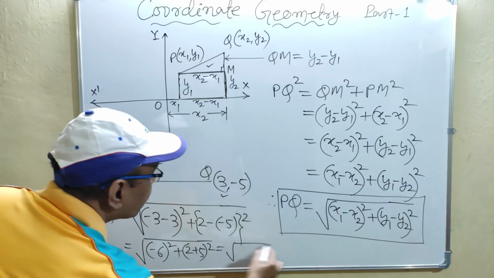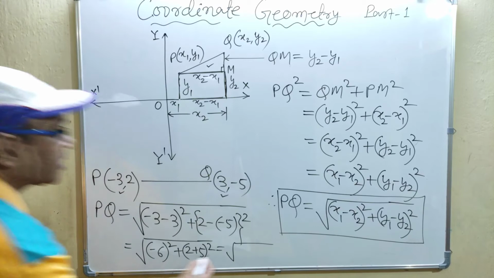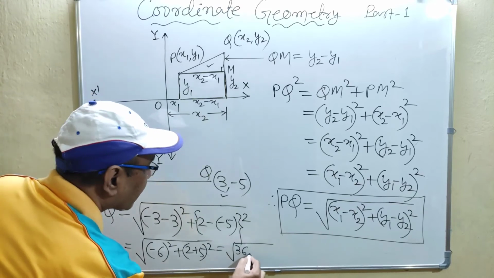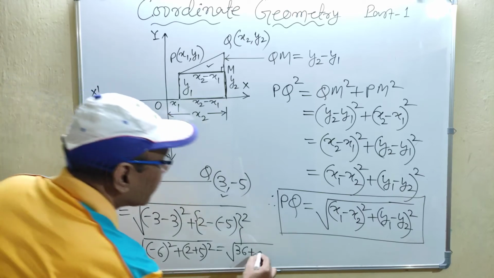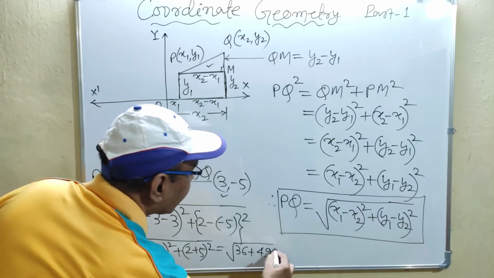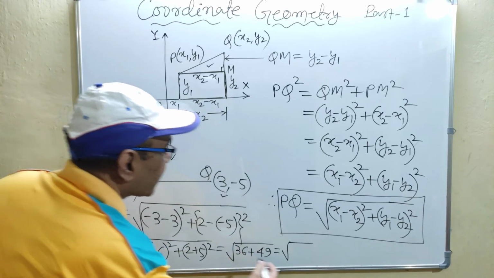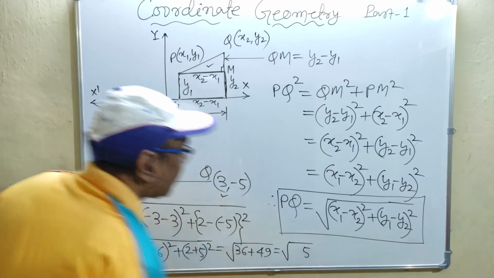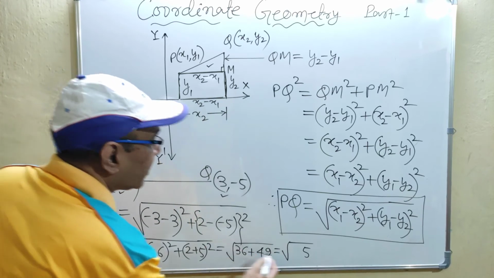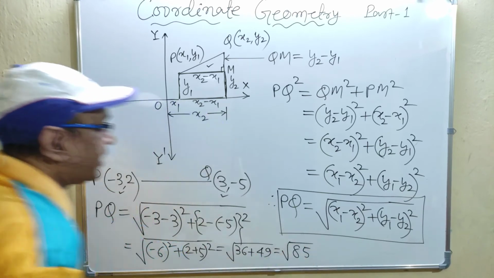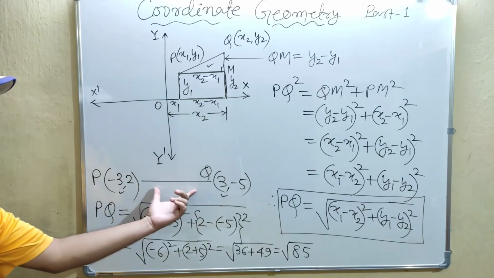So it is root under (-6) square plus 7 square, 36 plus 49. Now 9 and 6, 15, 5 carry 1, and 4, 5 and 3, 8, 85. So root 85 will be the distance between PQ.